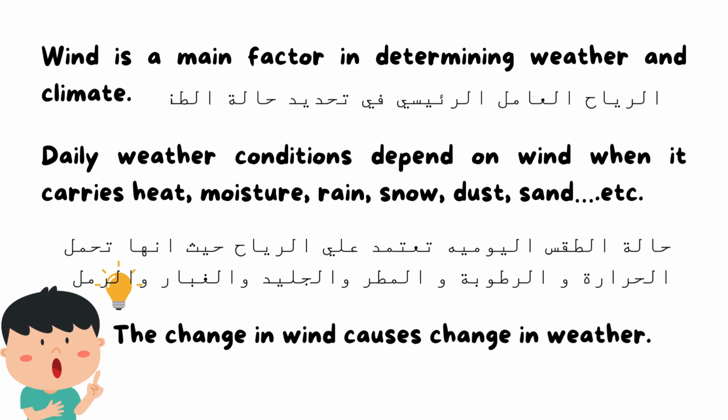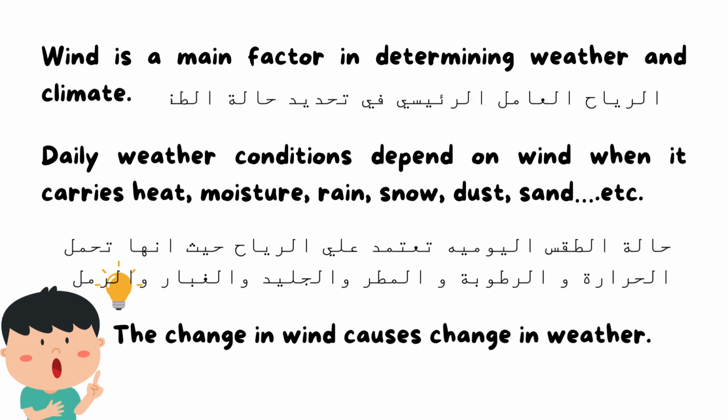Daily weather conditions depend on wind, when it carries heat, moisture, rain, snow, dust, and sand, okay? And we understood that a change in wind causes a change in weather, as we heard from this weather forecast. When the wind changes, the weather changes also, okay?